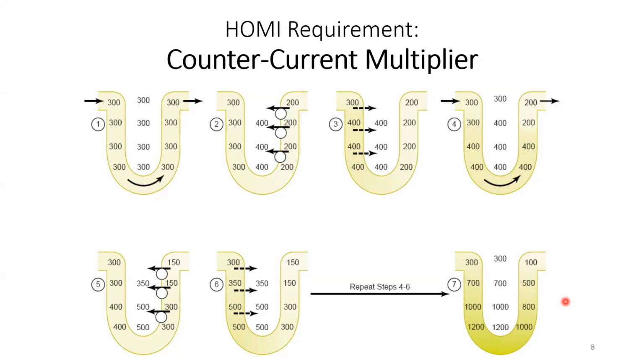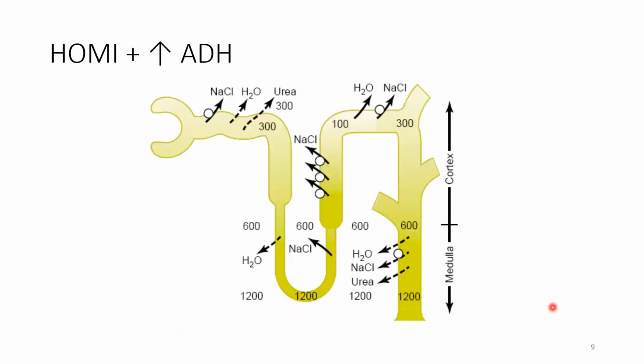That precious water is now taken away by the vasa recta, which eventually addresses the osmolarity of the hyperosmolar plasma. Okay, this is the countercurrent multiplier, and this is the overall slide.